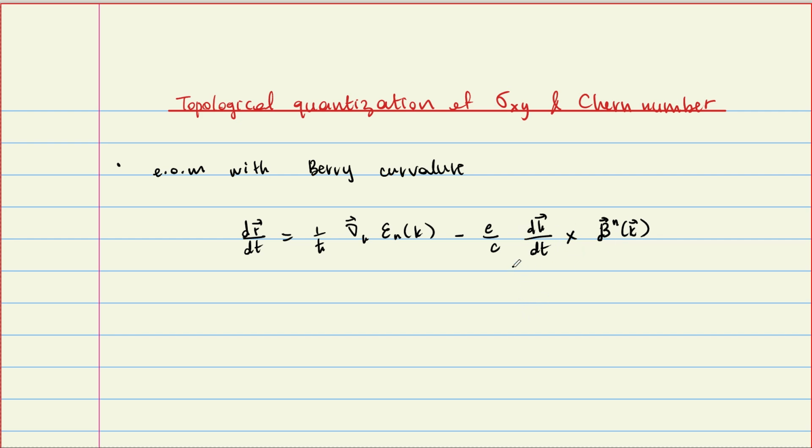And this dk/dt is given by Newton's law: h bar dk/dt is equal to some gradient in real space, from some potential, and also this Lorentz force dr/dt cross the magnetic field B(r) in real space.